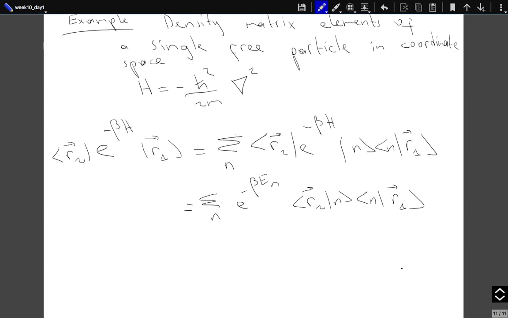So I will be first assuming that my system is confined to a volume V. As usual in statistics, we will be assuming my system is in some volume V. So what are the corresponding eigenvalues and eigenfunctions? Well, the normalized eigenfunctions, psi n of r, which is actually nothing but the overlap of r with n, are given by e to power i k dot r divided by 2 pi to the 3 halves.